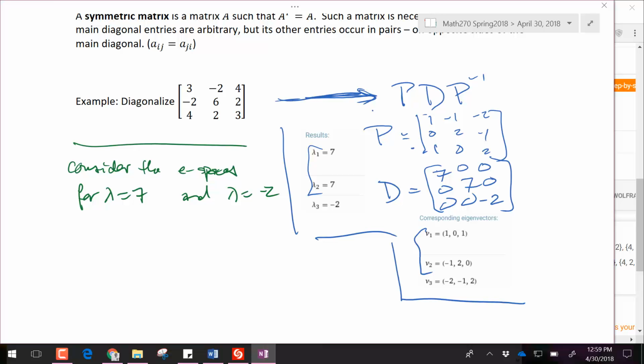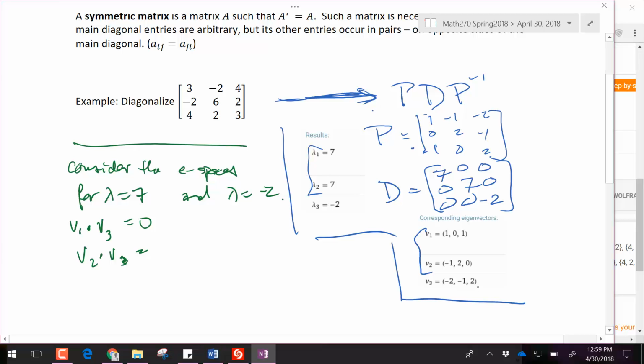So what does it mean that they're orthogonal? V1 dotted with V3. If you take 1, 0, 1, dot it with V3, minus 2, negative 1, 2, what do you get? 0. V2 dotted with V3: V2 is minus 1, 2, 0, and you're dotting that with negative 2, negative 1, and 2.